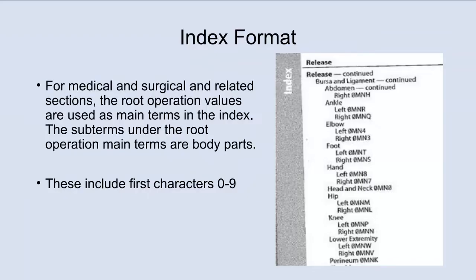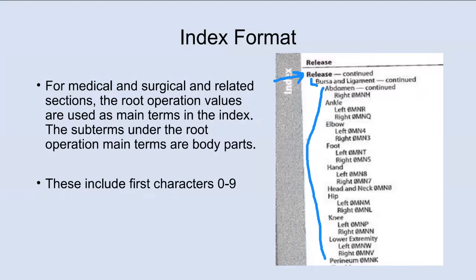Okay, so this is what the index looks like. For the medical and surgical related sections, the main terms are the root operations. Here you have release, and then indented under that, a general body system, bursa and ligaments, and then indented under that, specific body parts of the abdomen, ankle, elbow, etc. And then listed under the specific body part are more specific terms, and then finally the code.